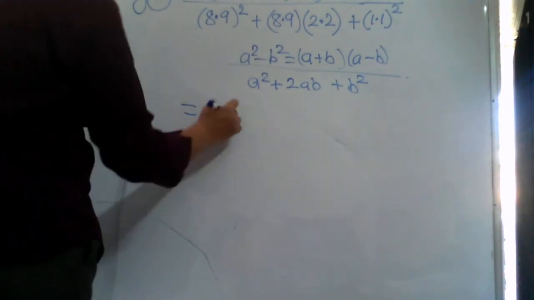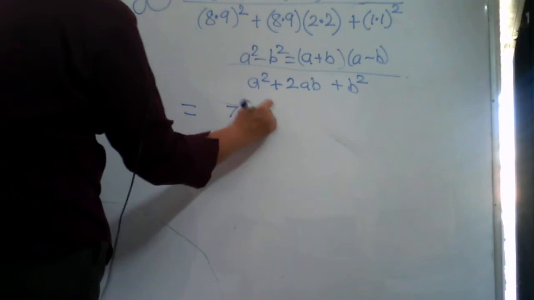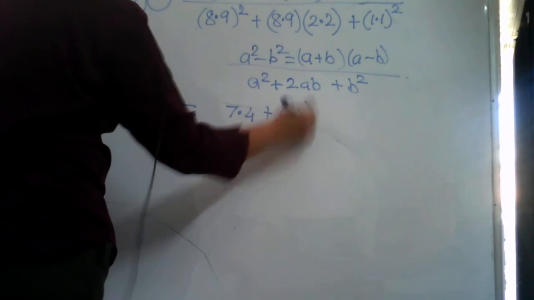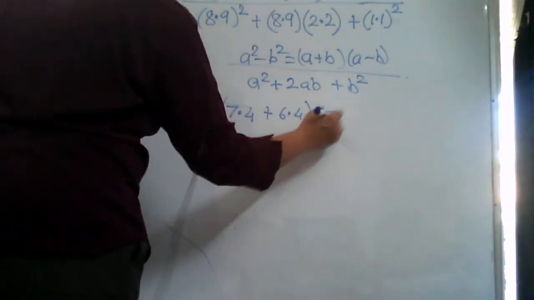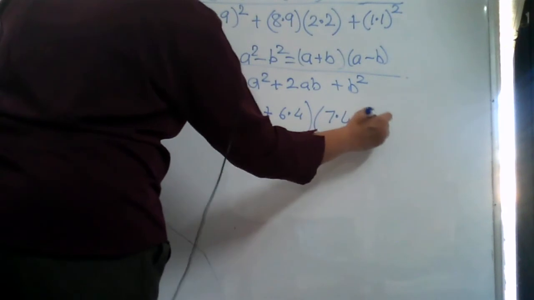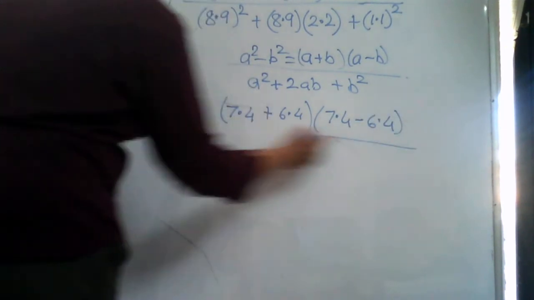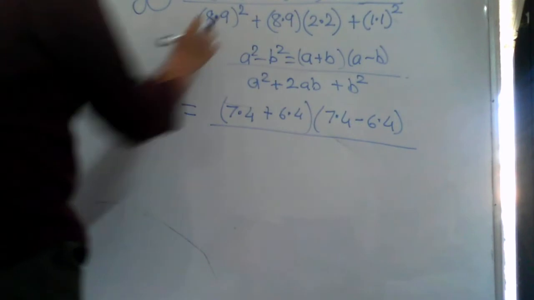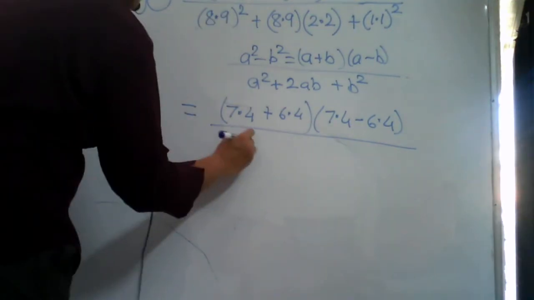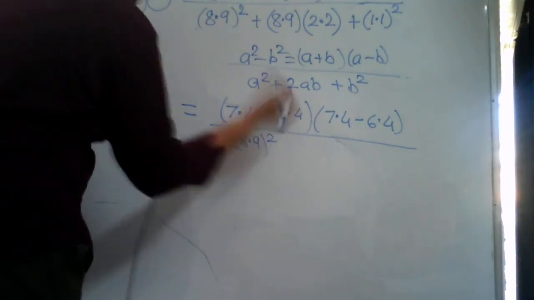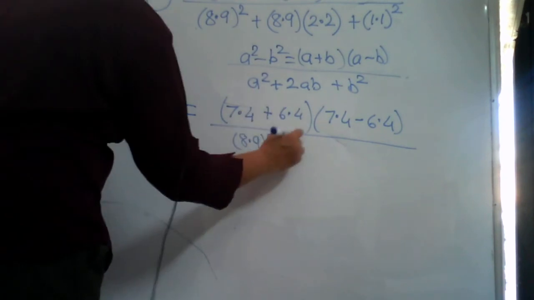Now 7.4 plus 6.4, that is A plus B. 7.4 minus 6.4 is A minus B, whole divided by. Now A square as it is, 8.9 bracket square. First let me resemble it, that's what I am taking time for.